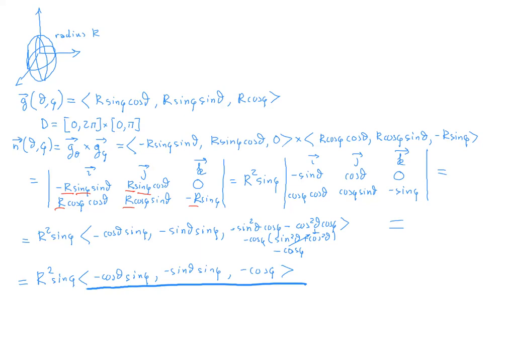So we will have that the magnitude of the normal vector, oops, not u and v, theta and phi, is going to be the positive number that we have in front, times the magnitude of this vector, which is what? It's cosine squared theta sine squared phi plus sine squared theta sine squared phi plus cosine squared phi.